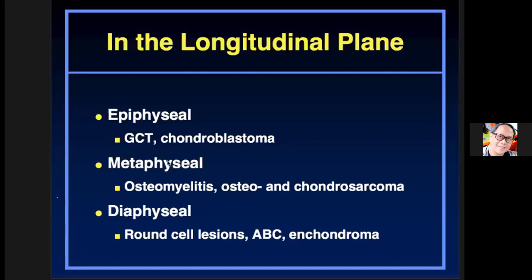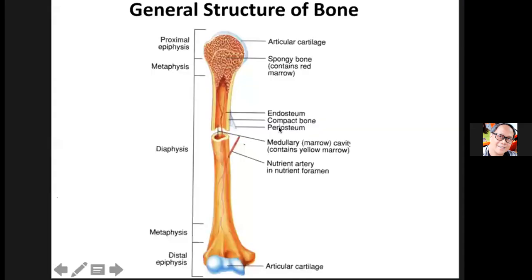So that's why you tend to see osteomyelitis involving initially the metaphyseal region. Okay, so these are again the different areas of the bone: proximal, middle, and distal. No? And then you have the articular surfaces. That's already part of the epiphysis, and again, this is the metaphysis and the diaphysis or the shaft.